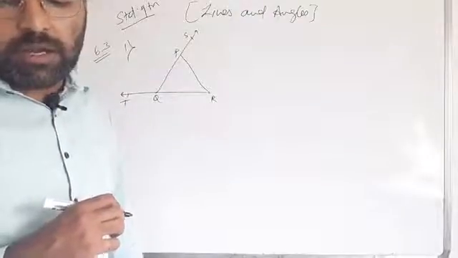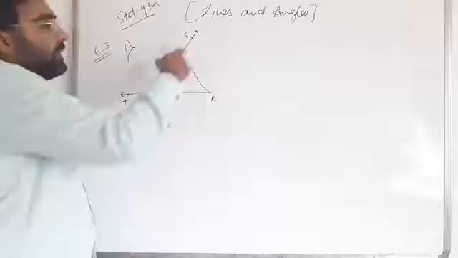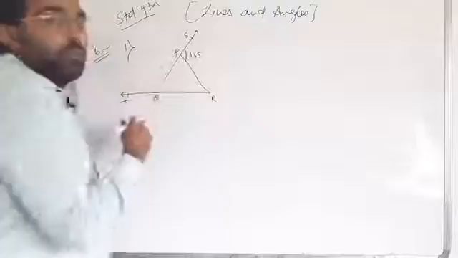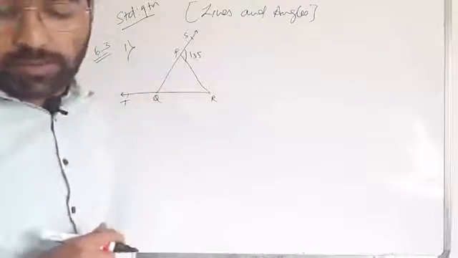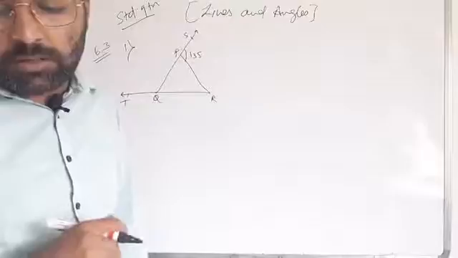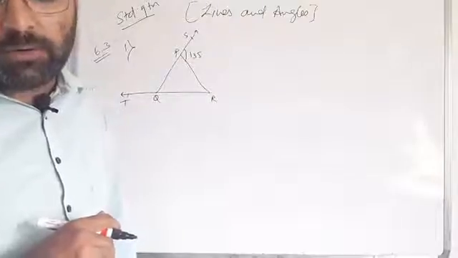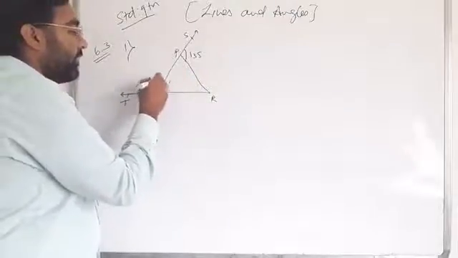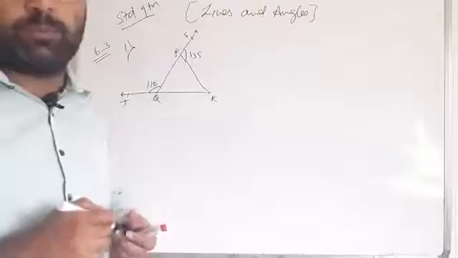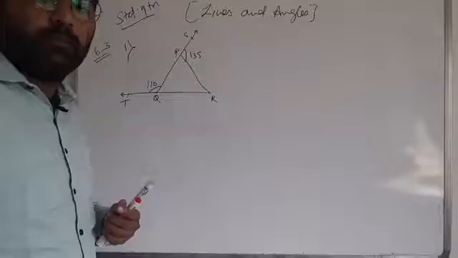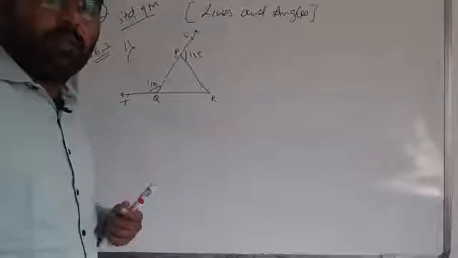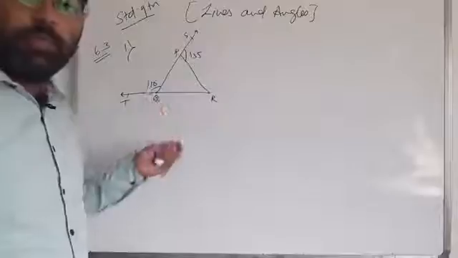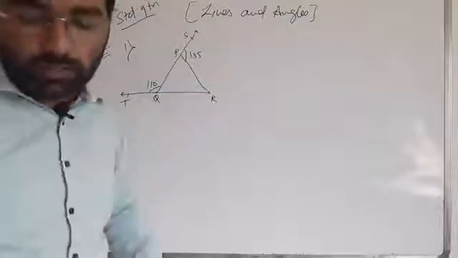If angle SPR is equal to 135, if this angle SPR is equal to 135, and angle PQT is equal to 110 degrees.